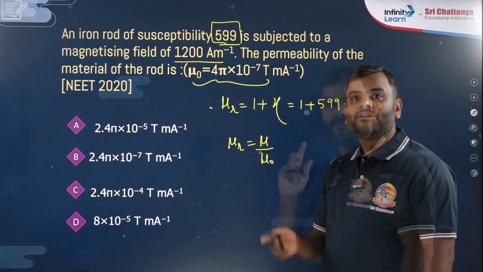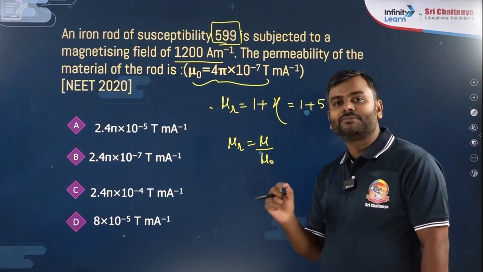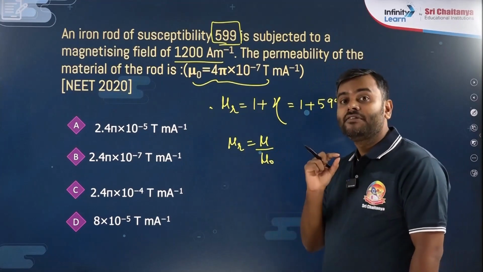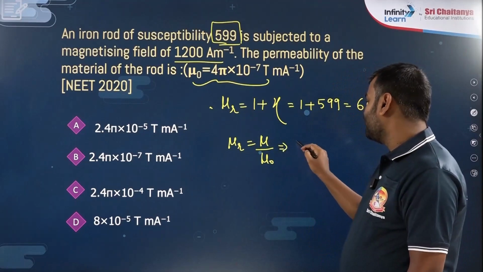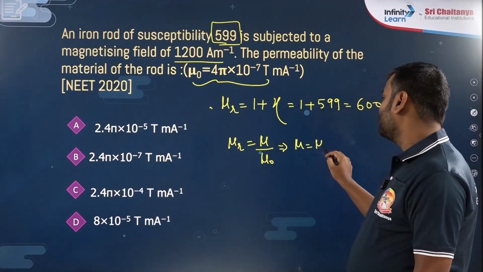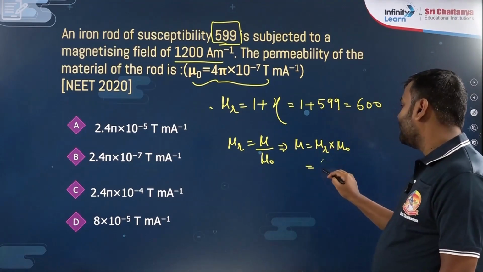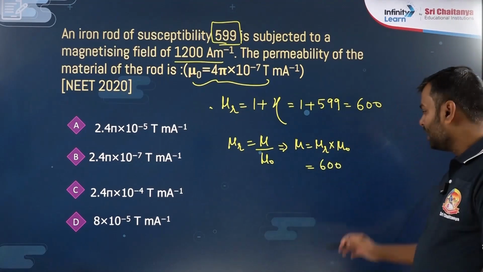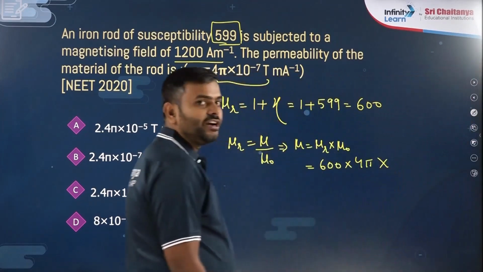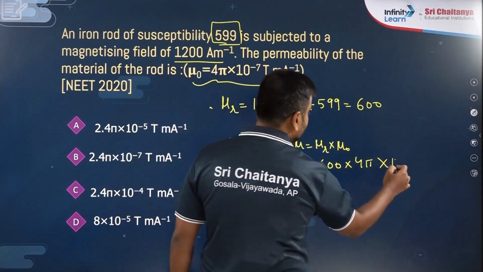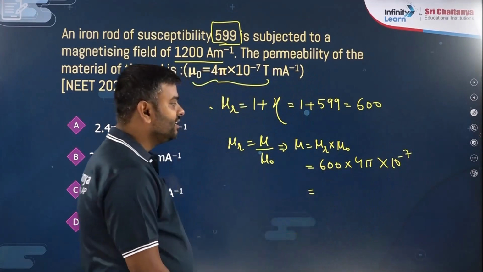Mu is the magnetic permeability in a material, and mu naught is the magnetic permeability in free space. So we can write mu equals mu r into mu naught. The value of mu r we got is 600, and mu naught is 4 pi into 10 to the power minus 7. So what will be the value we finally get?